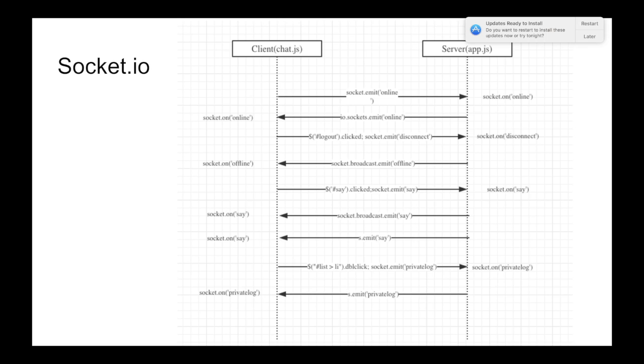If it's a public message, the server will broadcast this message to all the clients. If it's a private message, the server will send this message to the certain person.